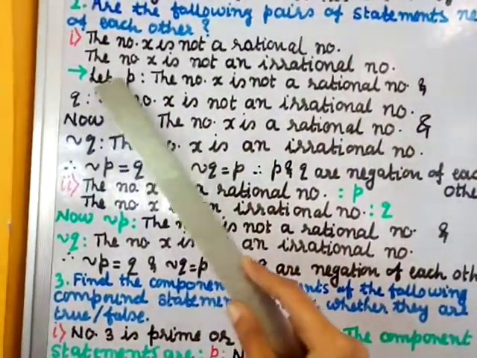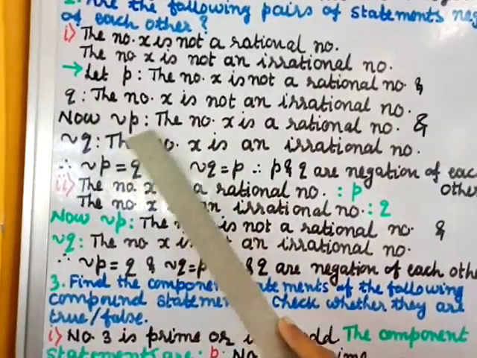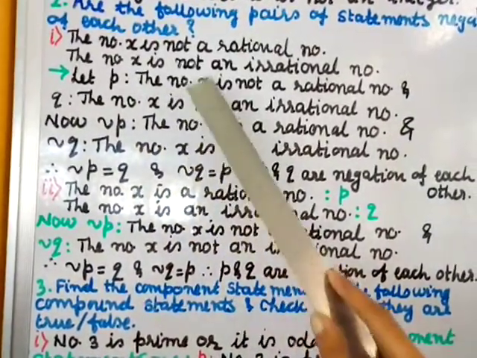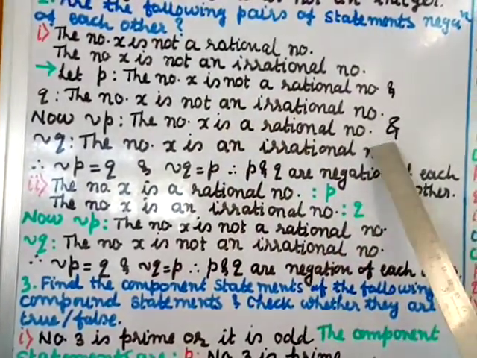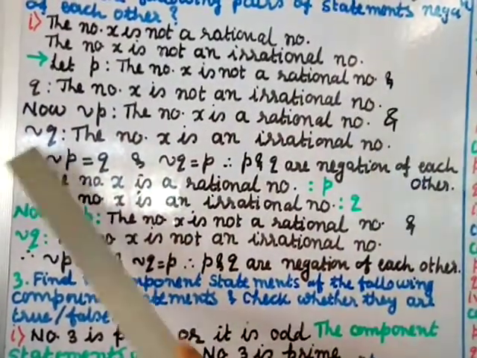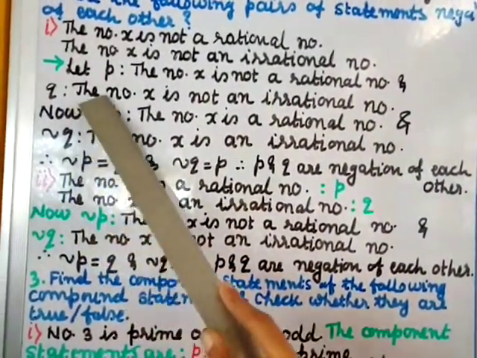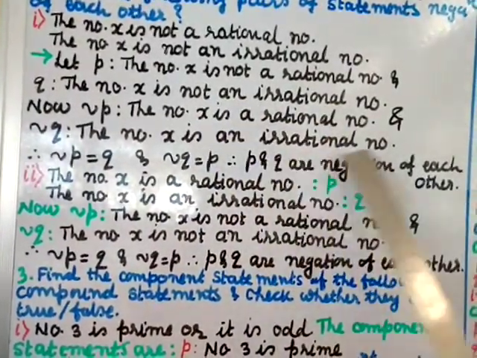Now I'll write the negation of the first statement P. So not P: the number x is a rational number, where I omit not. And the negation of Q, not Q: the number x is an irrational number.